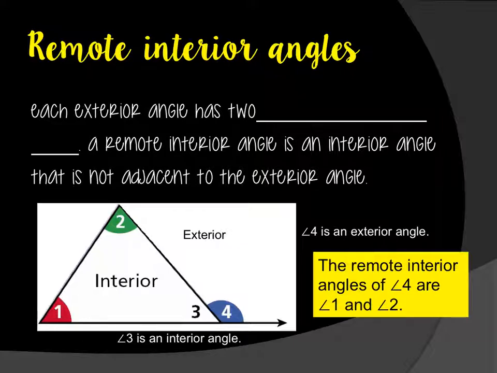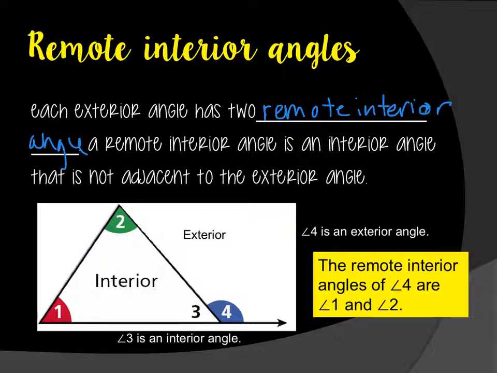Each exterior angle has two remote interior angles. A remote interior angle is an interior angle that is not adjacent to the exterior angle.